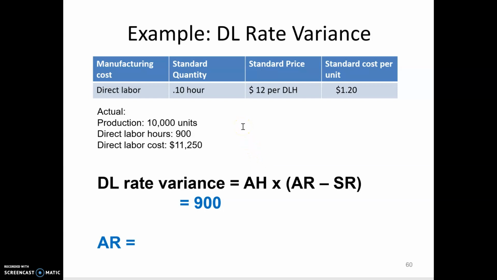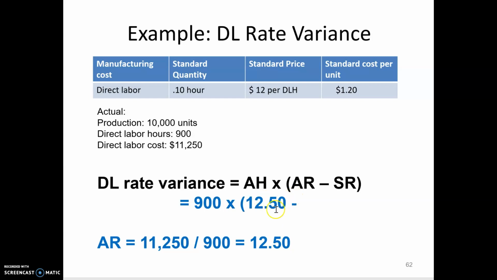Our actual rate is not given to us, but we can figure it out. Because we know we paid $11,250 for our workers to work 900 hours, right? So 900 times whatever that rate is, it's going to give us $11,250. So that means we can back into that number. We take the $11,250 divided by 900. That means the actual rate worked out to be $12.50.